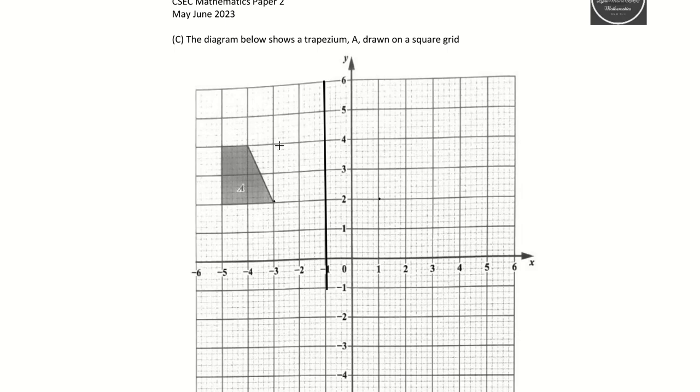This one is 1, 2, 3, 1, 2, 3, 1, 2, 3, 4, 1, 2, 3, 4. It's going to be right here.